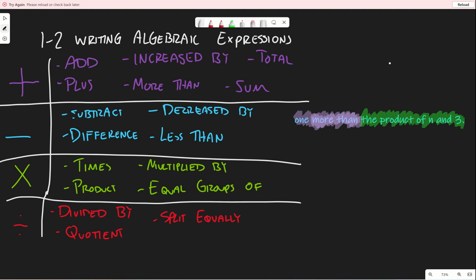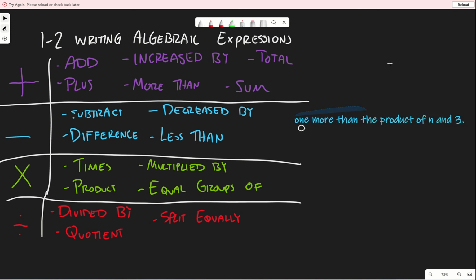So I know I'm going to have the product of n and 3, n times 3, and then I want 1 more than that. So I'm going to go 1 plus n times 3. That would give me the answer to this problem: 1 more than the product of n and 3.